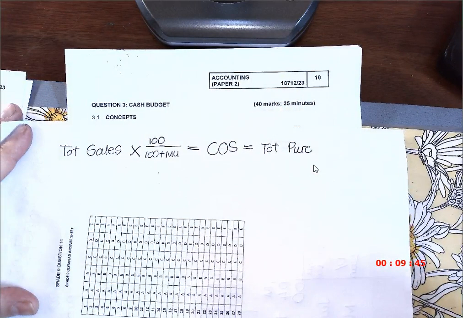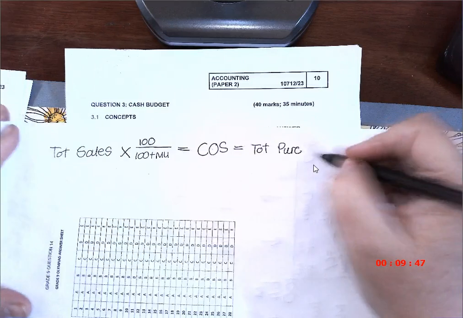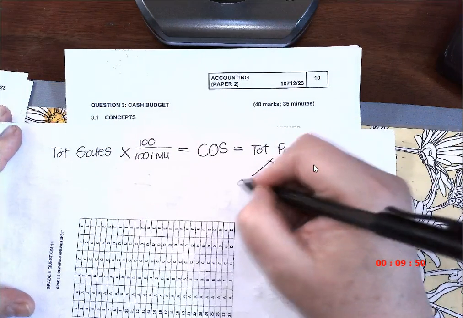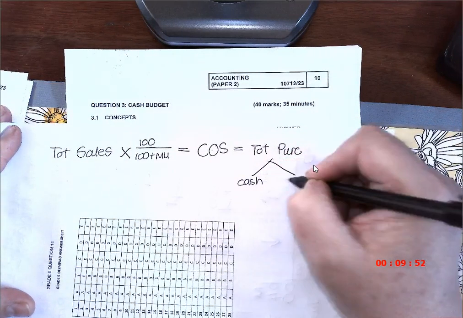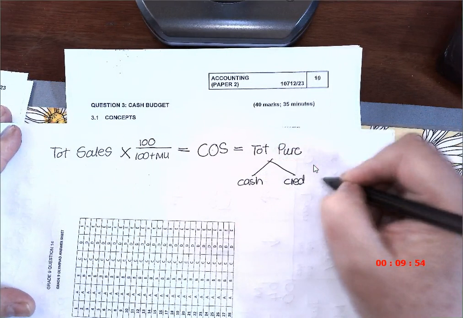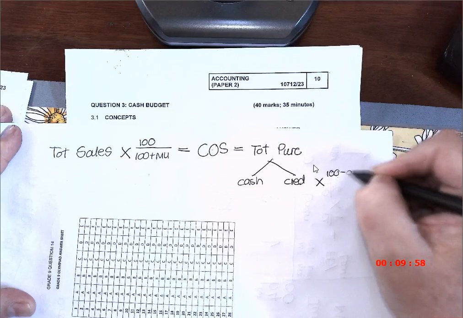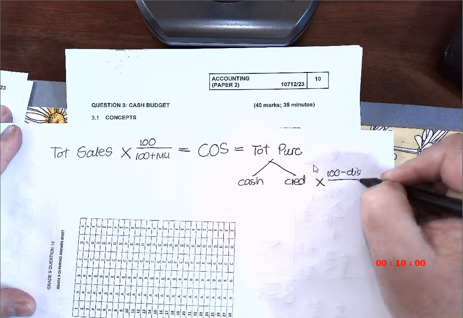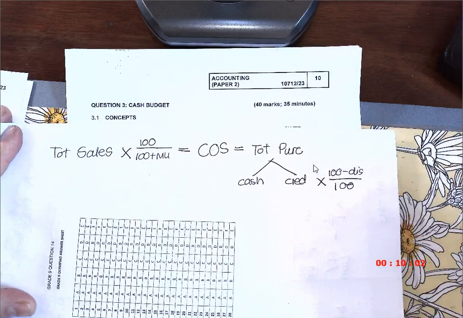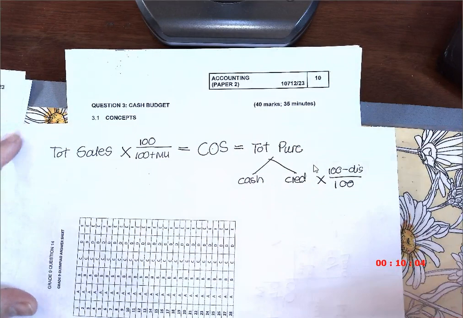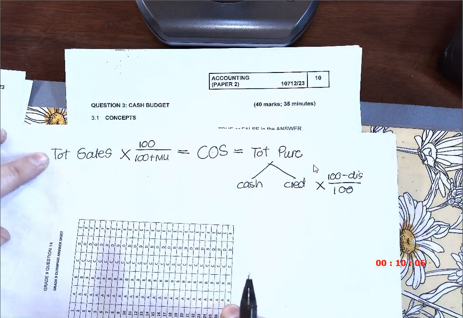Okay. Then you need to divide it according to cash and credit, and if there's a discount, it would be 100 less the discount over 100.